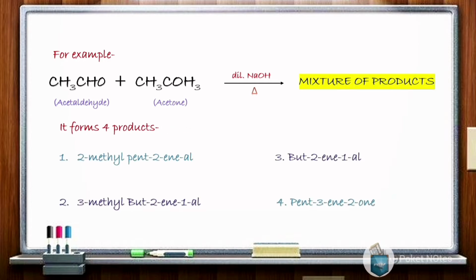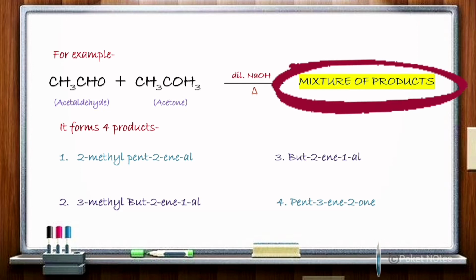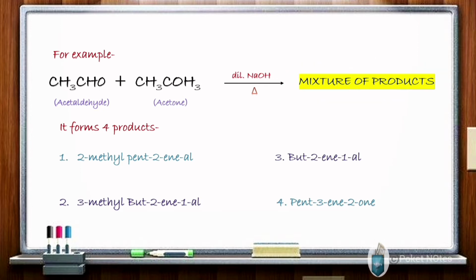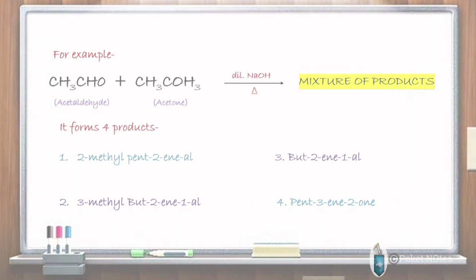It results in the formation of 4 different compounds. The compounds are written below: 2-methylpent-2-en-1-al, but-2-en-1-al, 3-methylbut-2-en-1-al, pent-3-en-2-one.